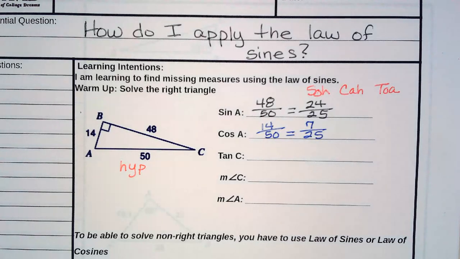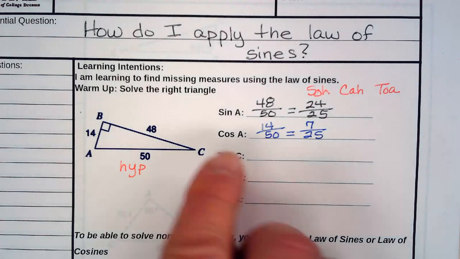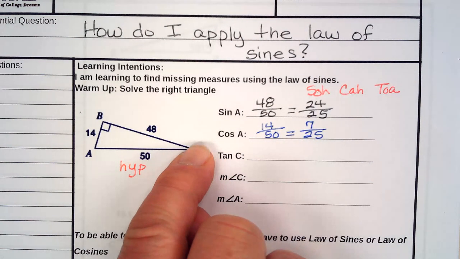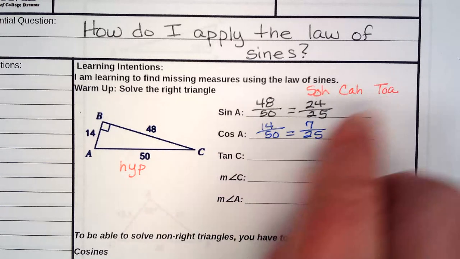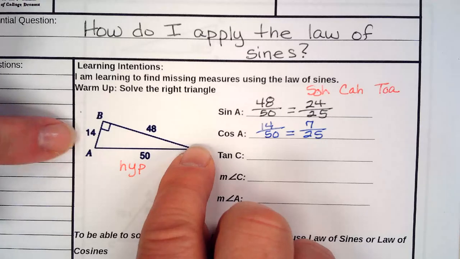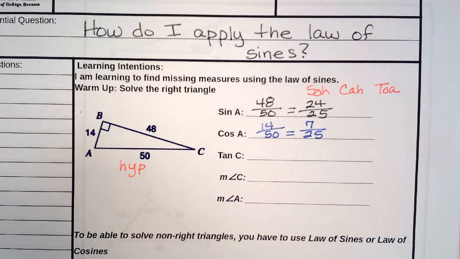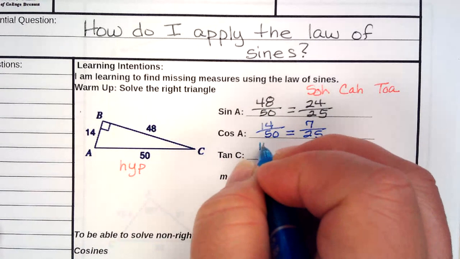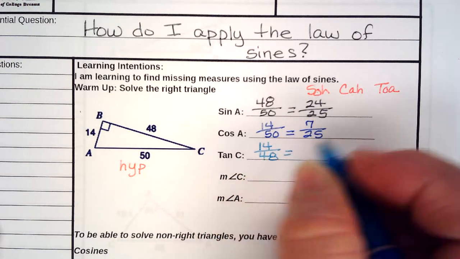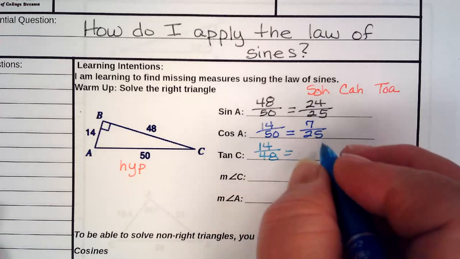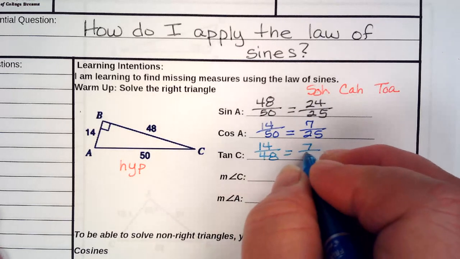Now we're going to switch to the other angle. The tangent of C, TOA, opposite over adjacent. Your opposite is 14 and your adjacent is 48. Factor out 2 and you get 7 over 24.